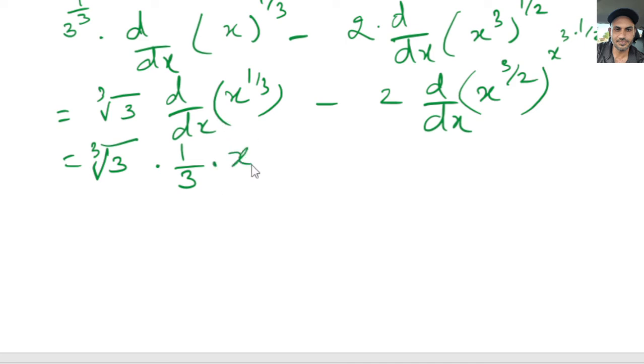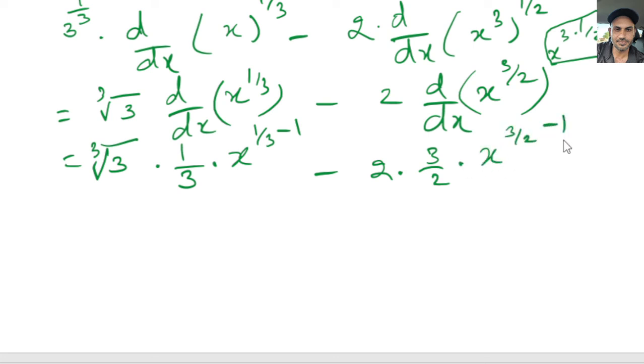So times x to the 1/3 minus 1, minus 2 times, this is separate, so I'm going to put it in a little box, the 3/2 we bring to the front, times x to the 3/2 minus 1. So here we have the cube root of 3 times 1/3, so it's just over 3, times x to the 1/3 minus 1, which is x to the negative 2/3 when we simplify this.